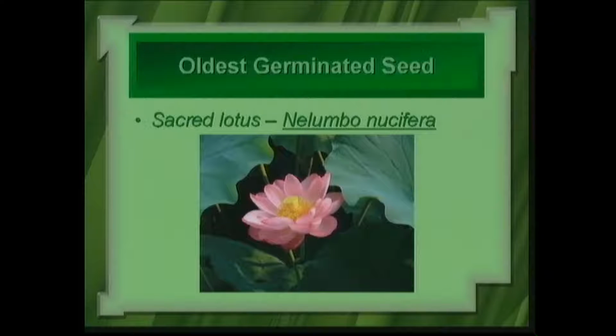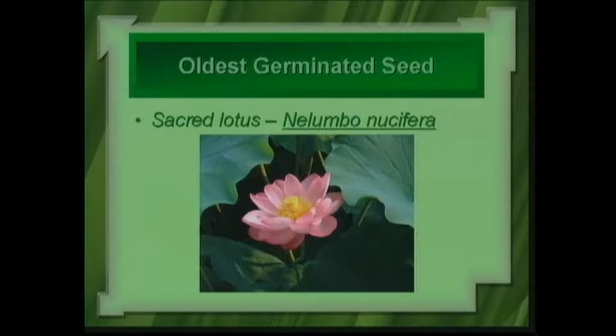Alrighty, so we're going to look at the oldest germinated seed, and this is scientifically documented. This is a plant called the sacred lotus, also known as Nelumbo nucifera. Here's a beautiful picture of a beautiful flower. This sacred lotus, the oldest germinated seed, was found quite a few years ago, and they could date it because they had done archaeological excavations of a lake bed in China.